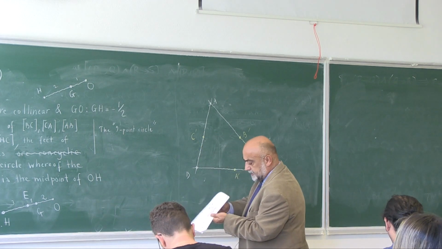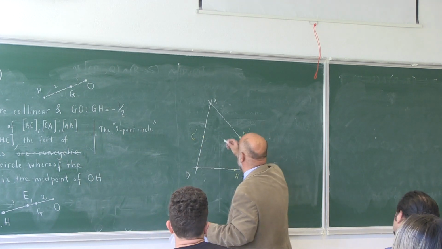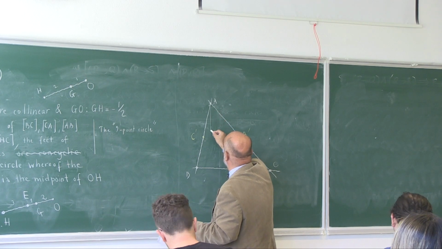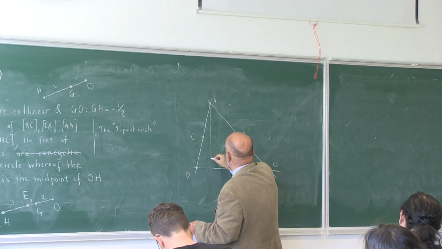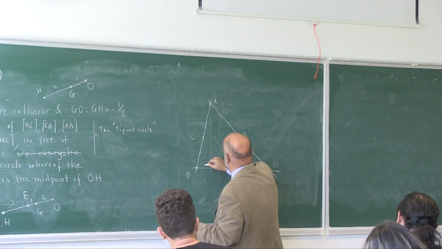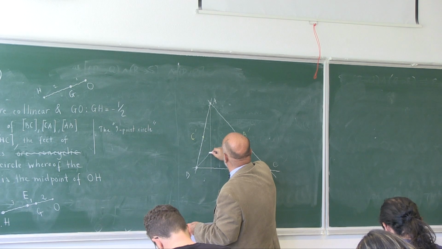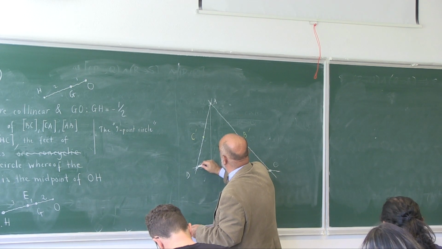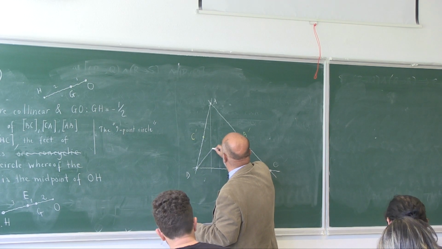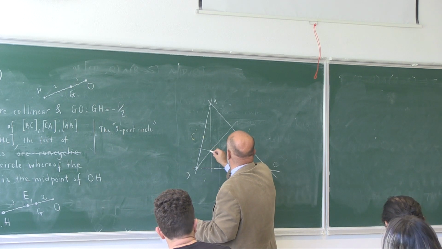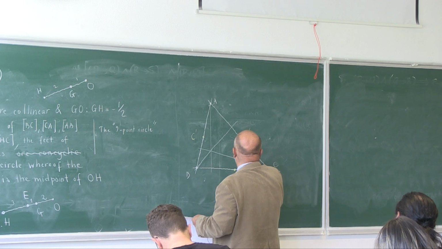And then let's look at the three altitudes. I'm being careful because when you are sitting so close to the picture, you tend to lose your sense of proportion and you make really funny pictures. So that's there, and the third altitude here. There we are.